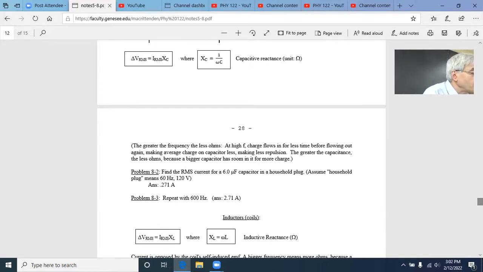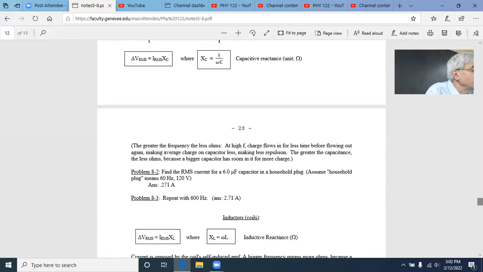So here's a couple of problems for you to work on. Find the RMS current if you stick a 6 microfarad capacitor in a household plug, where, if I don't say anything to the contrary, assume you're not in England, and that house current means 60 hertz, 120 volts.